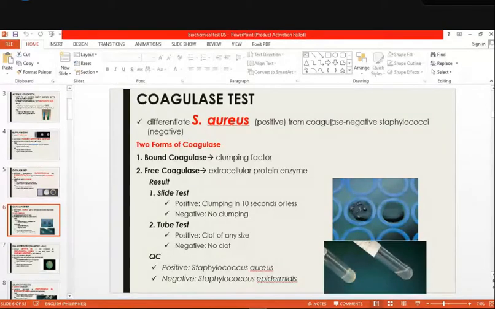The bound is the slide test, the free is the tube test. So I did the slide test, took an inoculum, added rabbit plasma, and saw no clot formation. Do you stop there? Ma'am, if we were in the lab, I would say negative. No clot formation on the slide.